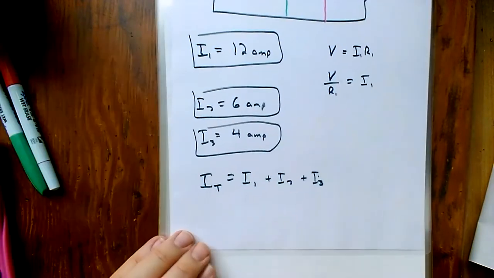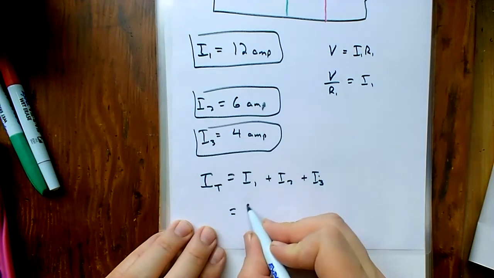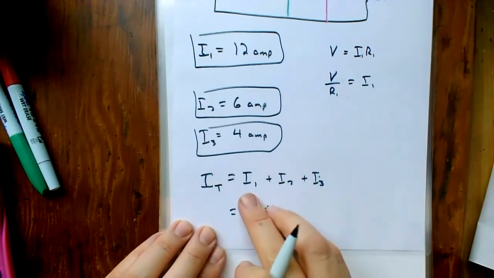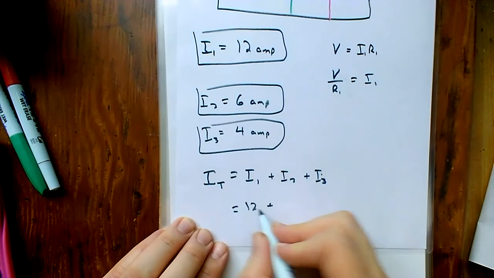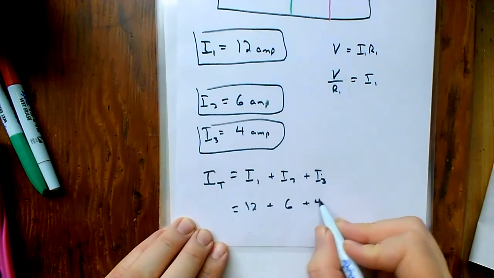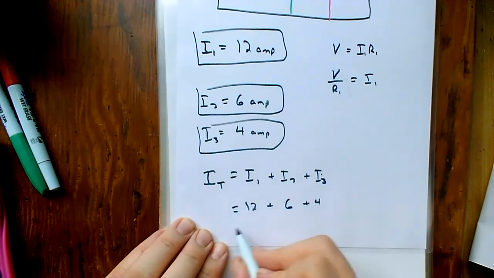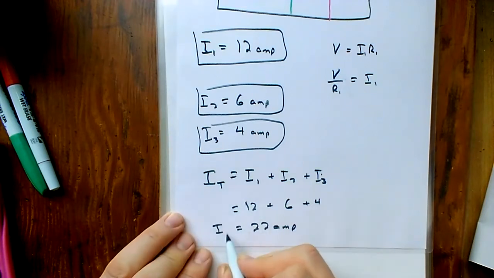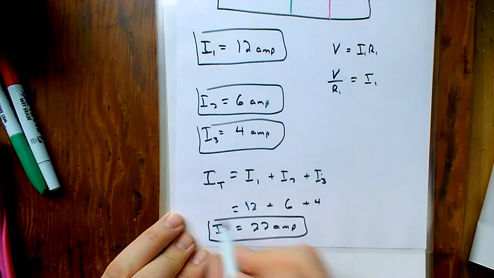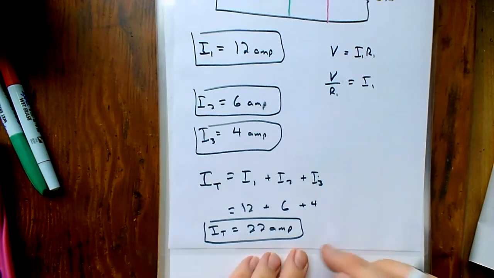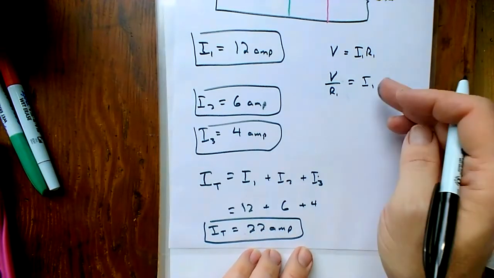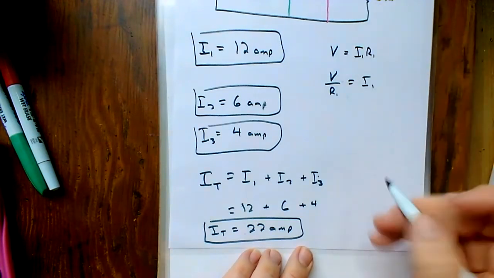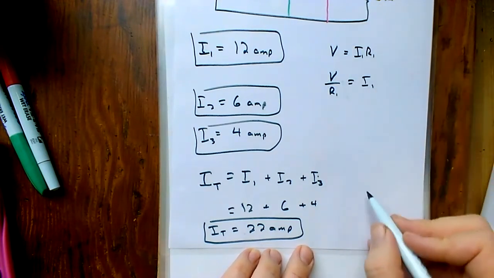In this case, I'd have my 12 amps plus my 6 amps plus my 4 amps. That would be 22 amps is my total current.